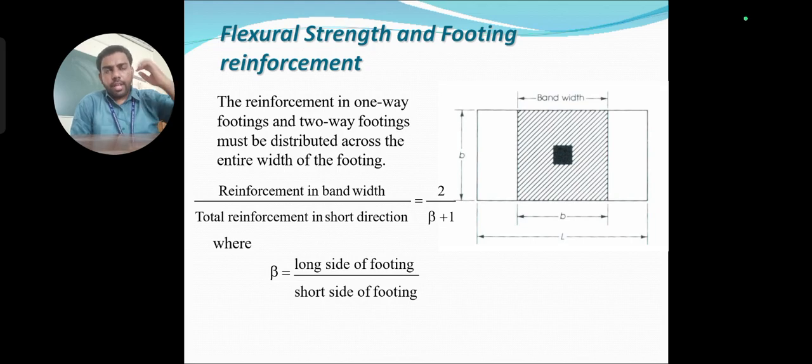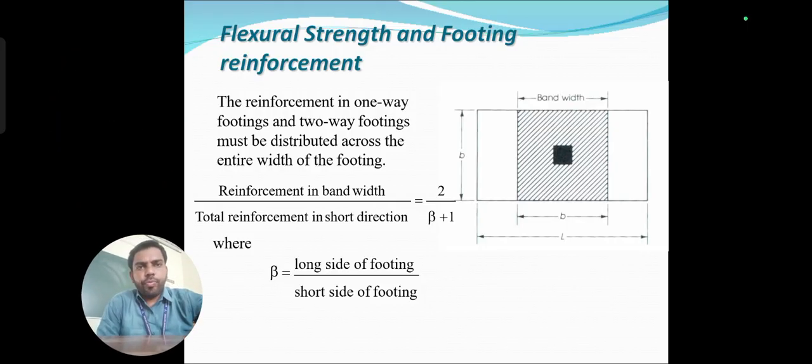Coming to the rectangular footing, the only difference between these footings is the area of the cross section, how much area. For the rectangular footing we consider B and D of the total section, and for circular footings we use pi by 4 D square, and the D value should be implemented.